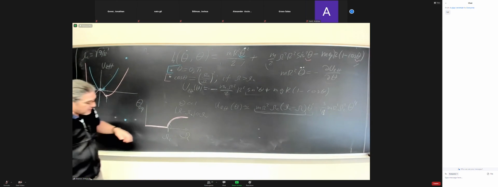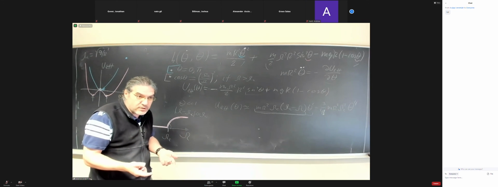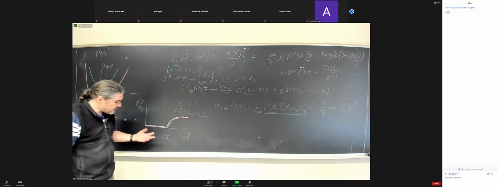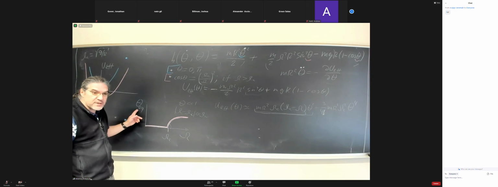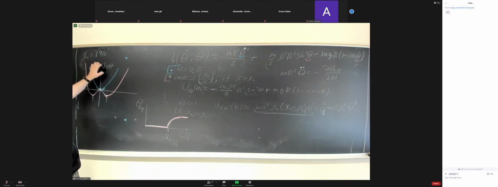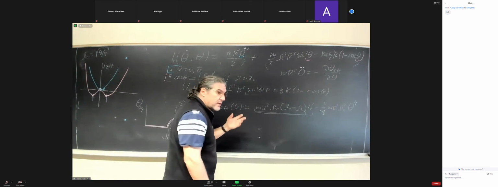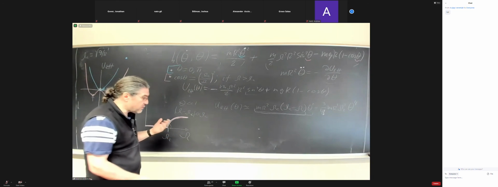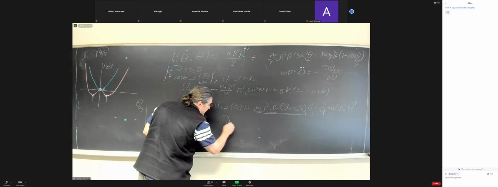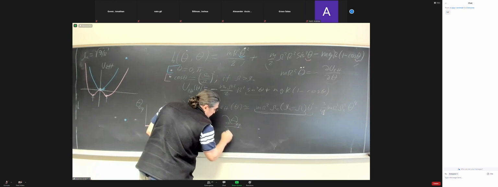Now let's check the response. What if I somehow measure that equilibrium position, theta equilibrium, as a function of omega? I change omega a little bit. What does it mean? It means that I need to study the behavior of the following derivative.